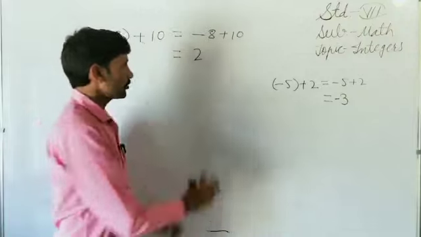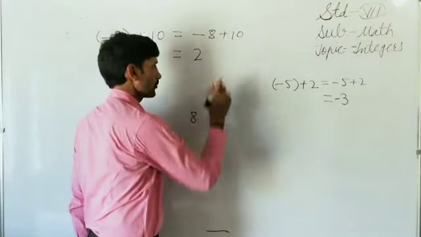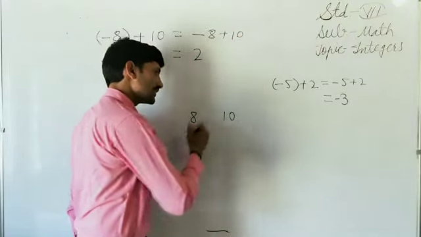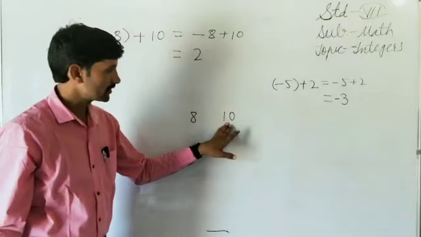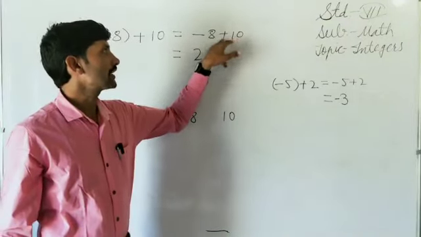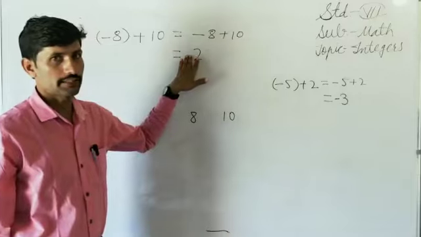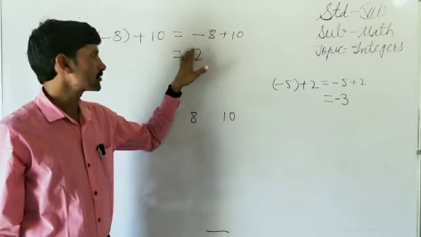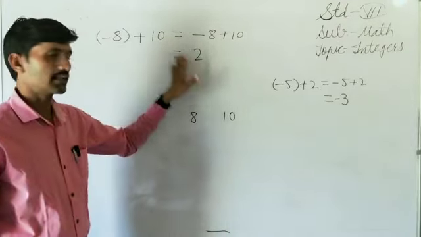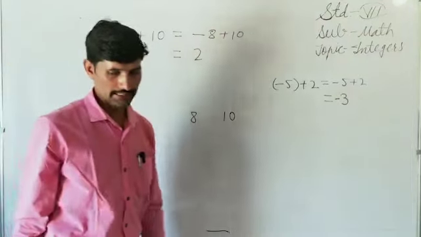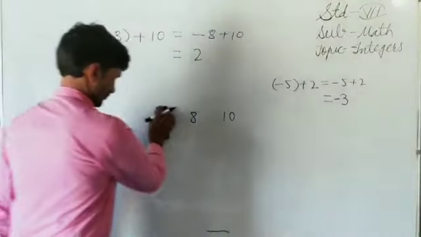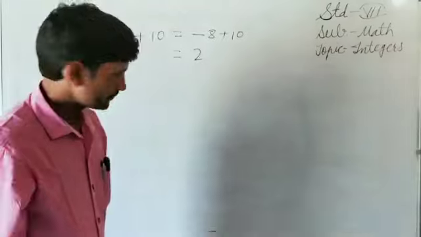The absolute value of minus 8 is 8, the absolute value of plus 10 is 10. Which integer is greater here? 10 is greater here. What is the sign of 10 here? That is plus. So that will be the sign of this. So the sign of this is plus. No need to write plus. If no sign is written, then it is understood there is a plus sign. For today, that's all.